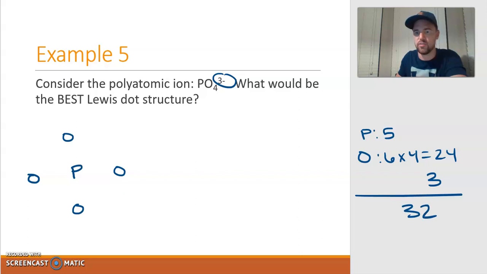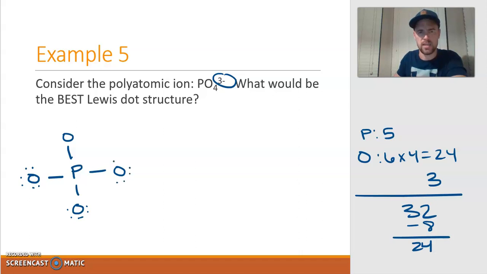So that's 32 valence electrons. If I do single bonds to every single oxygen, that's 8 valence electrons. So that brings me down to 24. Using those 24, let's take care of the oxygens first. 10, 12, 14, 16, 18, 20, 22, and 24.